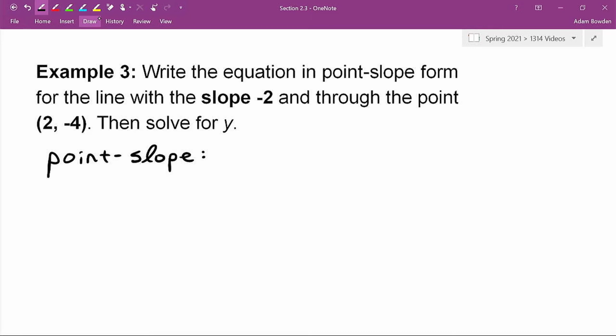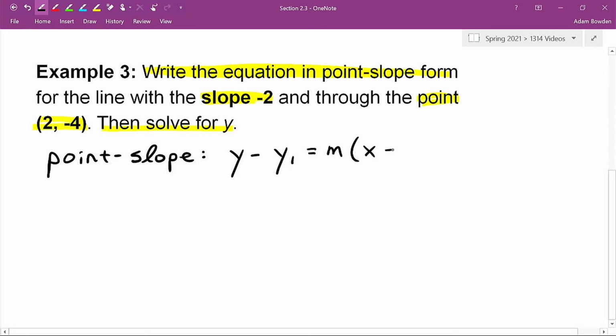This next one says, write the equation in point slope form for the line with the slope of -2 and passing through the point 2, -4. And then from there, we're going to solve for y. So this involves writing the equation of a line, and it says specifically point slope form. So we'll look at y minus y1 equals m times x minus x1.